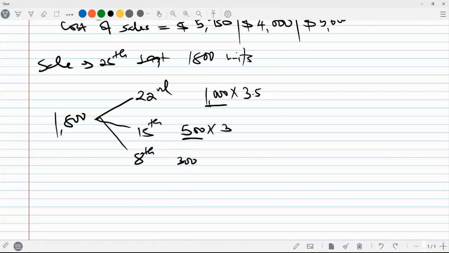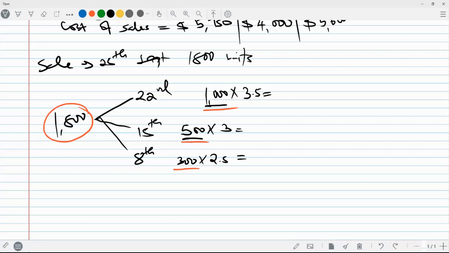The value per stock is 2.5, so 300 times 2.5. This is the value of the items that we are selling. The total number of items we are selling is 1,800: 1,000 from the 22nd, 500 from the 15th, and 300 from the 8th of September. Here we get 6,500 for the first, 1,500, and 750.